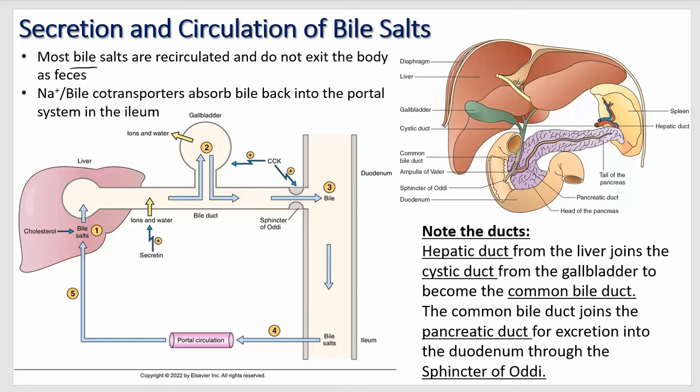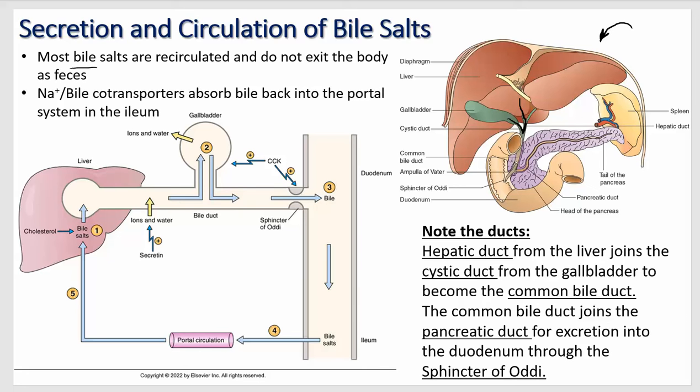I have another picture here that contains all those ducts we were talking about earlier. This is the liver, and I wanted a picture that goes along with it. The liver makes this bile and releases it into the hepatic duct. Then the bile is stored in the gallbladder.